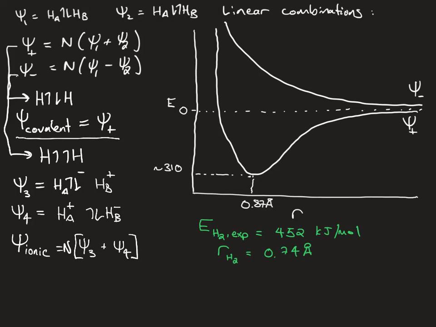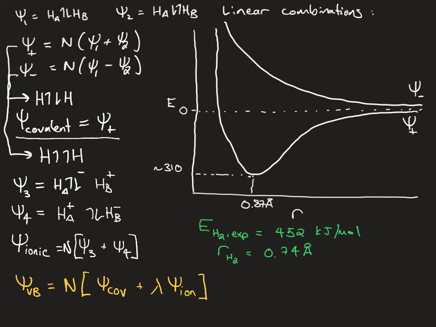We can now go through and write out the complete valence bond wave function as just simply being the covalent wave function plus the weighted ionic wave function.